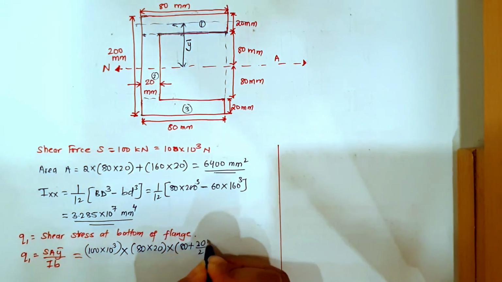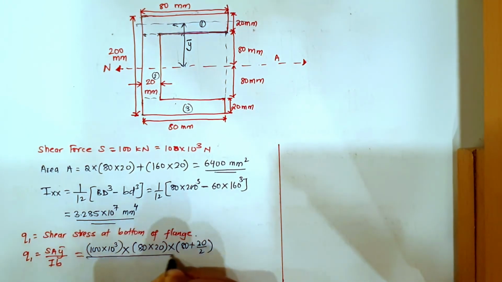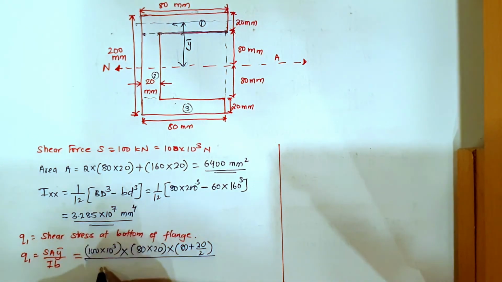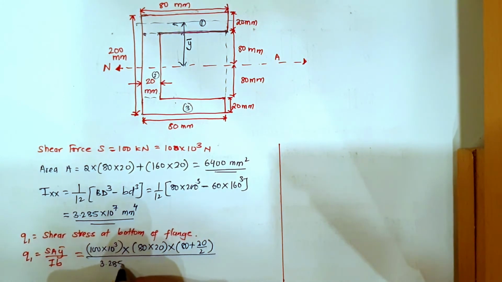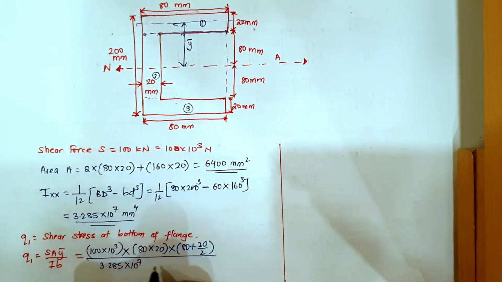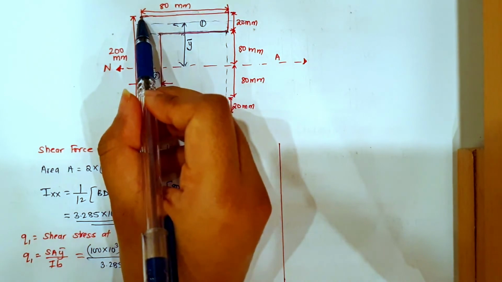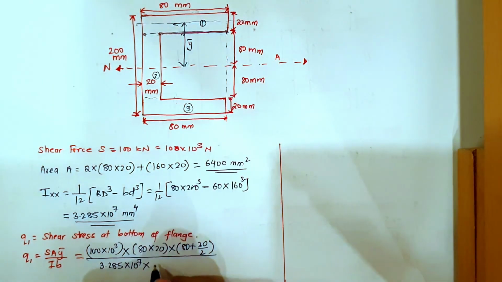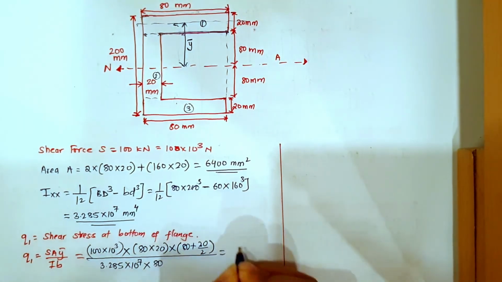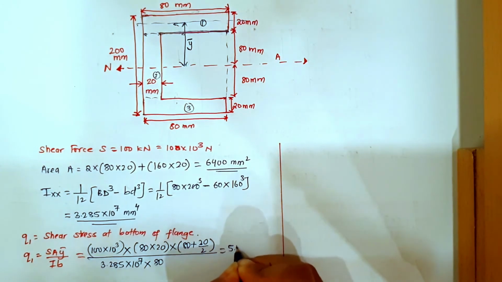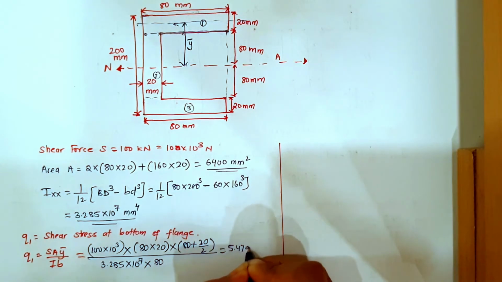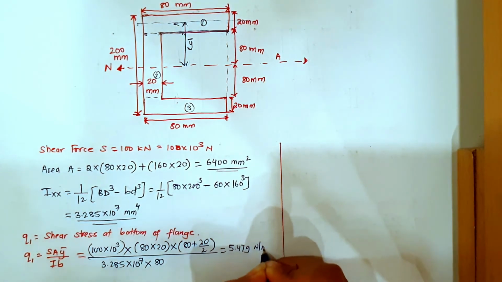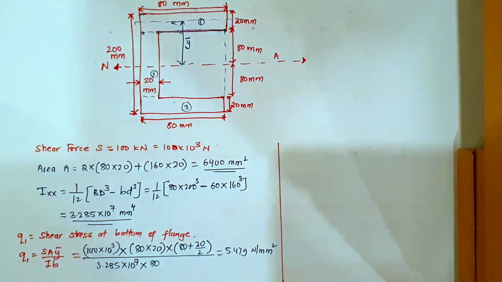This will give you 90. Divided by I, we got 3.285 into 10 raised to power 7 into B. B kitna hai? It is 80 into 80. So from here you will be getting 5.479 Newton per mm square.